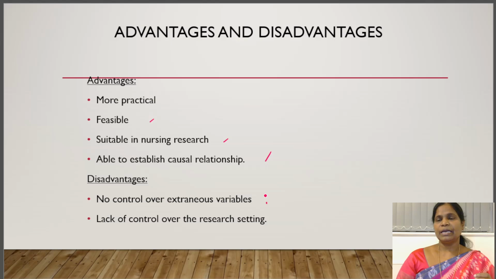The setting will be arranged in a manner that there would not be any involvement of extraneous variables, to the maximum extent, by the researcher in true experiments, but in quasi-experiments this aspect is missing. Lack of control over the research setting, that's what it means.